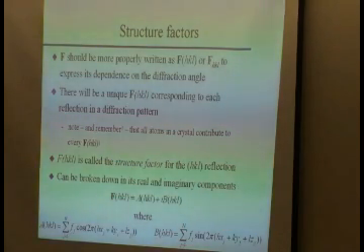Every single reflection in your pattern will have a unique F_HKL. And the one thing to keep in mind is this F has a sum of all atoms in there, right? That means if you change one atom in your crystal, its identity or its position, every single reflection in your diffraction pattern will change.